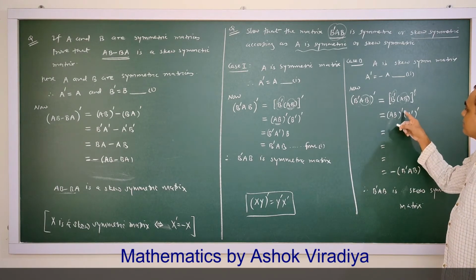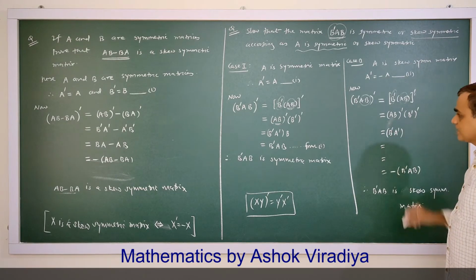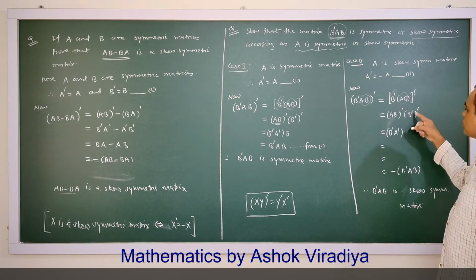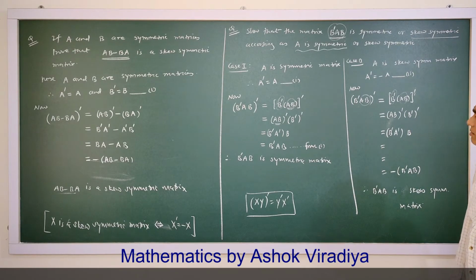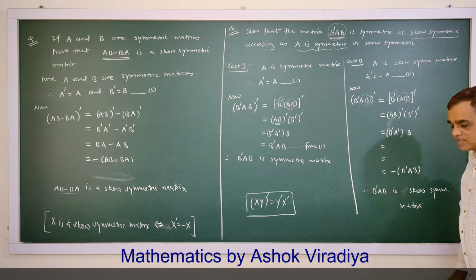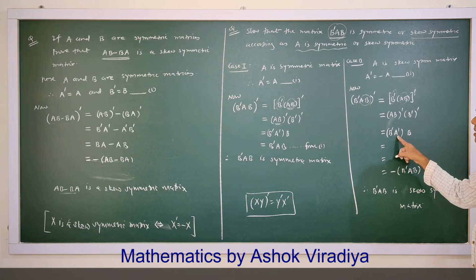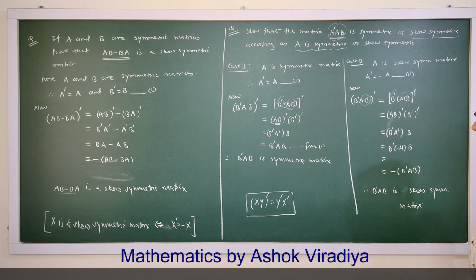Transpose of AB is B transpose into A transpose, and transpose of transpose is B itself. Now here A dash is minus A, so replacing A dash by minus A, we get B dash into minus A into B, because A dash is minus A. This is from 2.